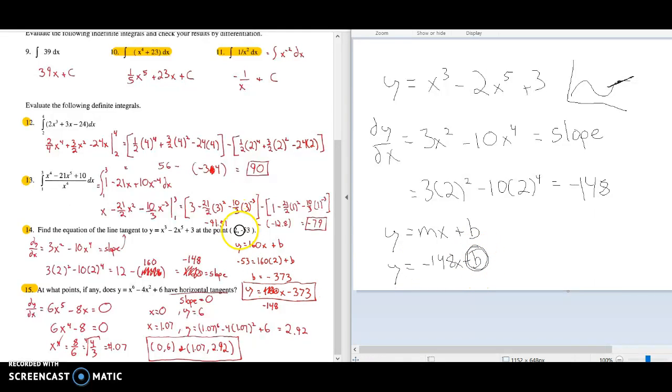Make a substitution with our given points here. So I substituted in 53 and 2, and I solve for b to get negative 373. And now I have my full equation, which is y equals negative 148x minus 373. So that is the line equation that is tangent to this point of interest.